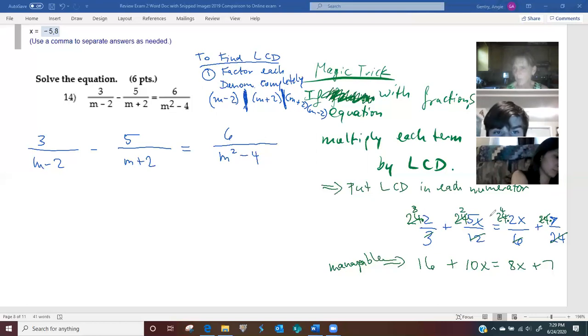And Chase, we were talking about that 24. It's the smallest number they all fit into. Like if you found, and again, I like to show all the basics, but between 3, 12, 6, and 24. If I asked you to factor them all, you would say, well, 3 is a 3, 12 is a 2 times 2 times 3, 6 is a 2 times 3, and 24 is a 2 times 2 times 2 times 3, 8 times 3 is 24.